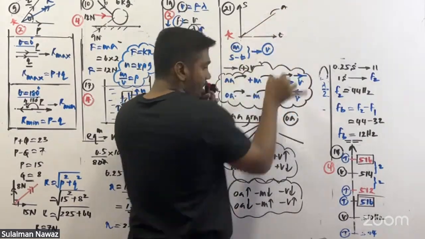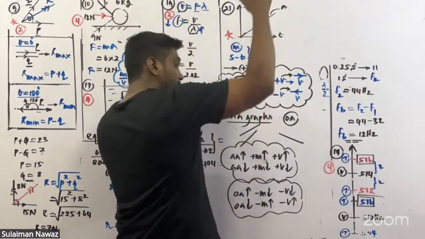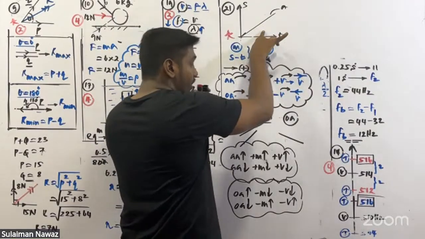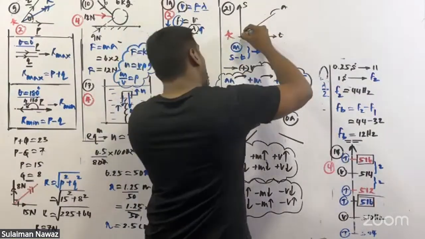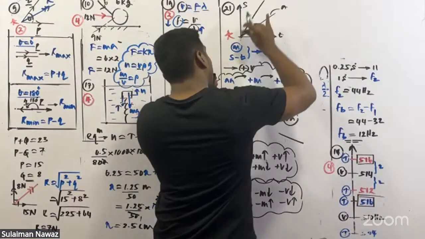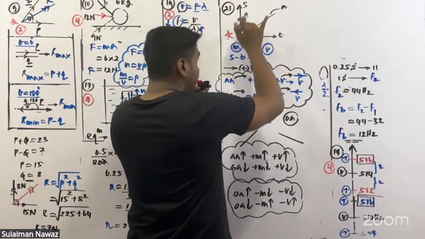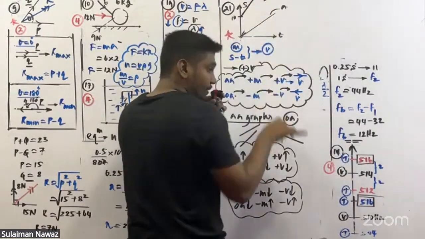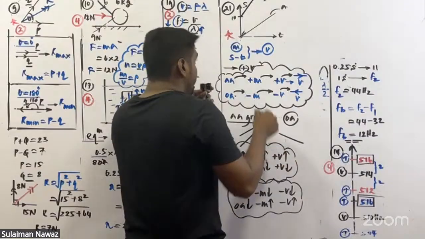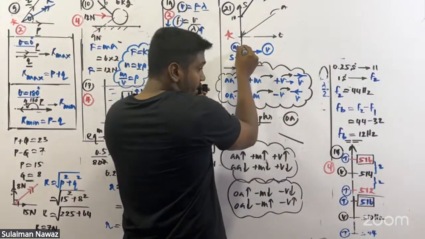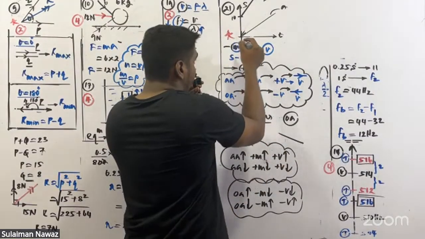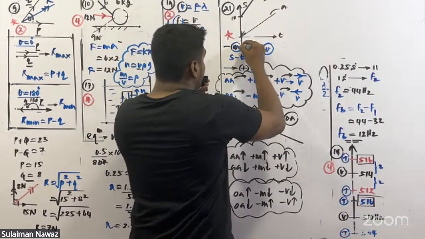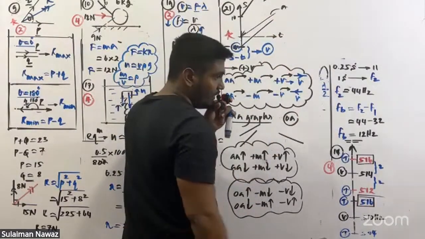This is A. B's velocity is right side 8 m/s, larger than A's 2, so the gradient and acute angle are larger, and B's displacement is 10 meters. This is B. D is at a negative displacement, minus 10, and its velocity is greater than A and less than B, something like this.